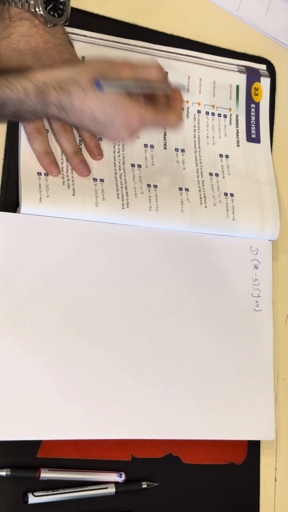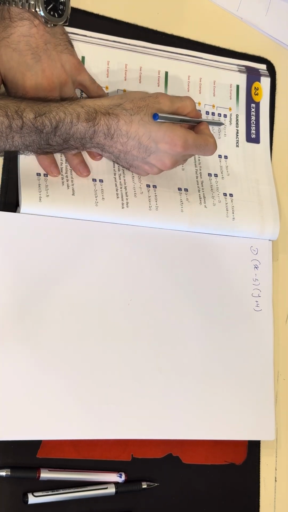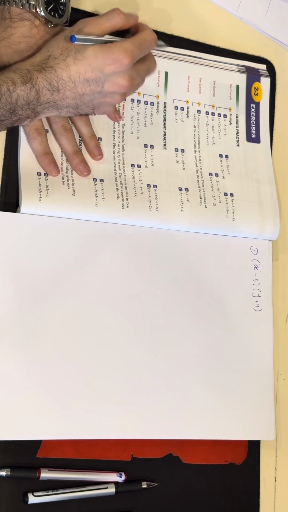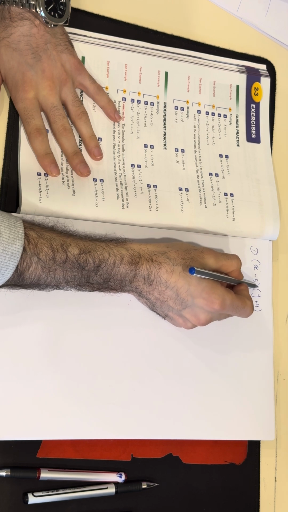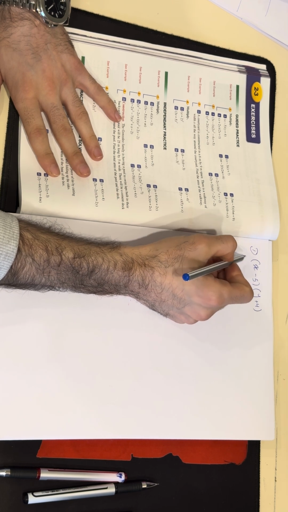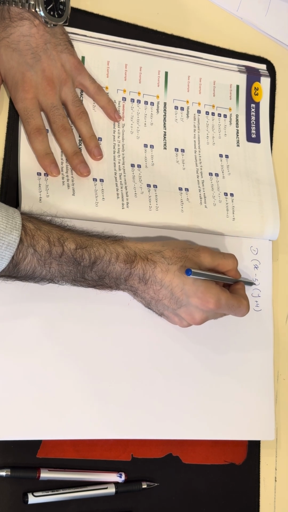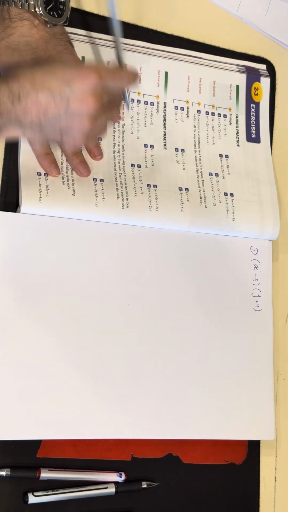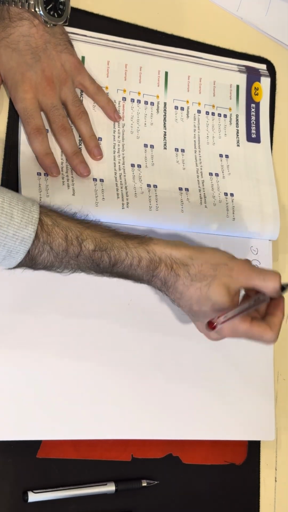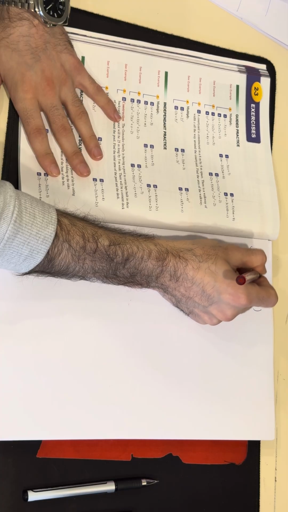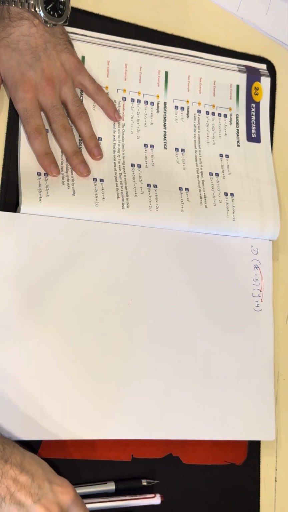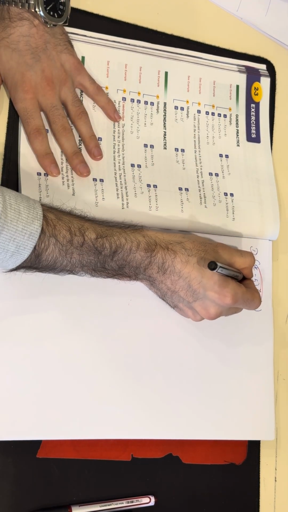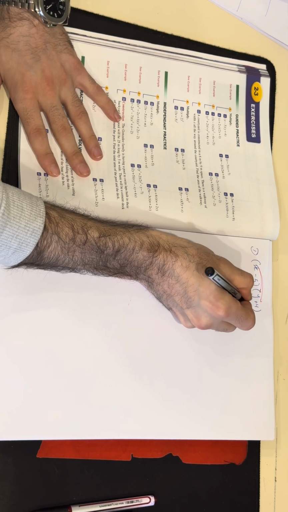If you take a look, the difference between this one and adding and subtracting algebraic expressions: in addition and subtraction we have adding and subtracting between these two, but here we don't have anything, so that means it's already multiplication. So you need to multiply the first one to both numbers, then multiply the second one to both numbers.